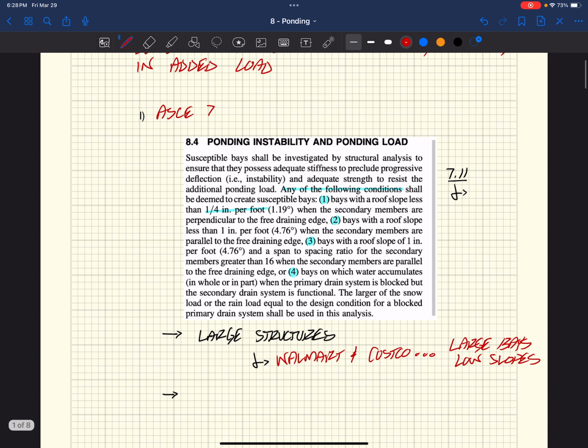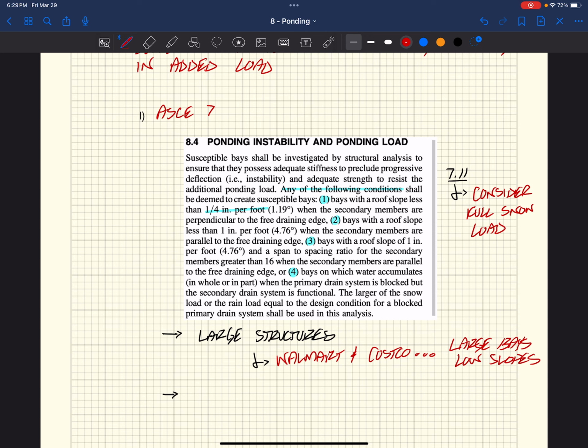Also, if you look at section 7.11 in ASCE 7, that's the snow load chapter, right? They say, for ponding, consider full snow load. And why is this? Well, there's this time of the year, we call it spring, where the snow is melting, right? And so there's a time where we might have snow on the roof, but then it ends up raining, and the rain ends up saturating the snow.